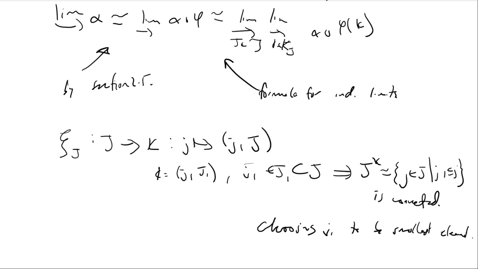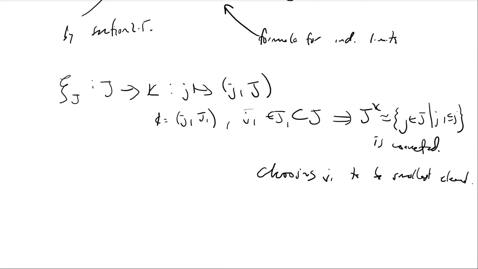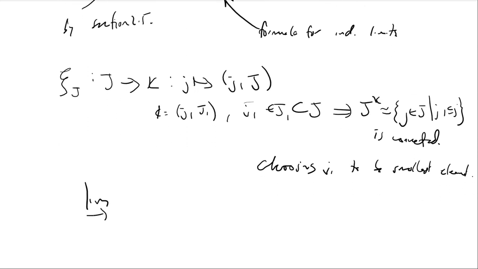Okay, so now we need to consider this limit over k in kj. Sorry, that's the wrong j. It should be big J. Of alpha composed phi k.